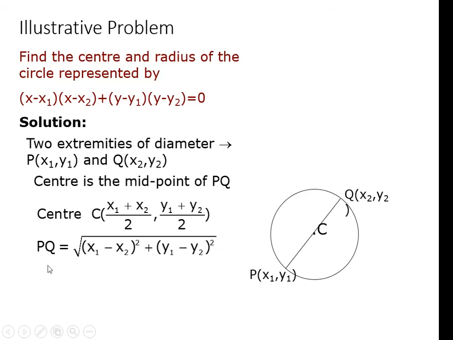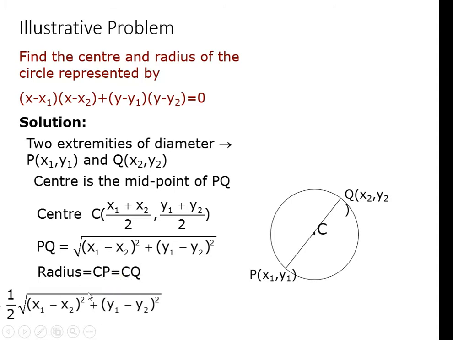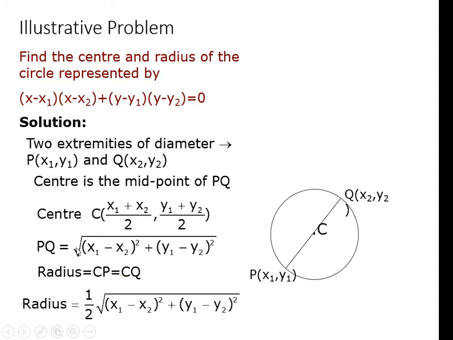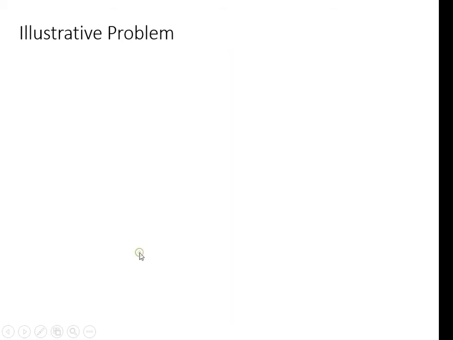And the diameter is PQ, that is the square root of (x1 minus x2) squared plus (y1 minus y2) squared. And the radius is half of this. So radius CP is equal to CQ, which is half of this PQ. So we got the center and we got the radius.